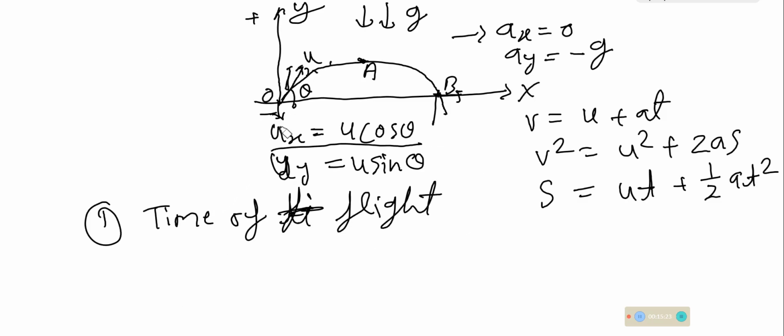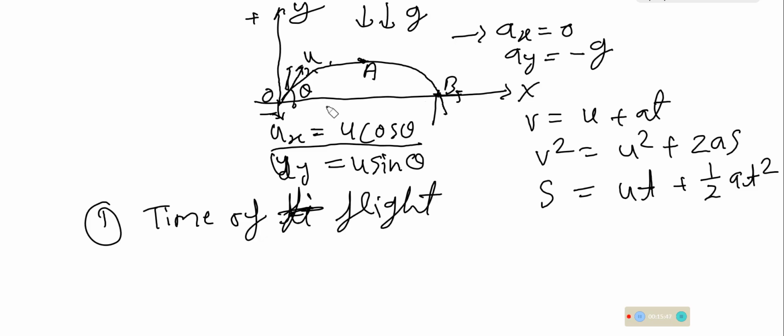And when the particle reaches from O to point B, this distance O to B is the distance on the x axis, or the displacement in the x axis or horizontal direction.